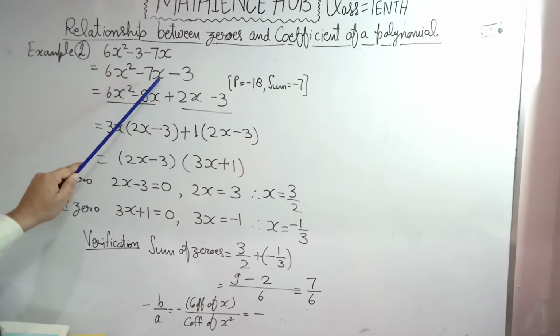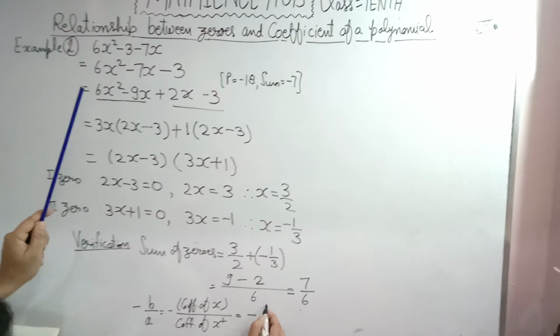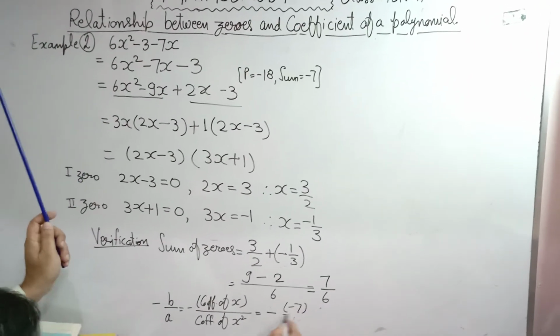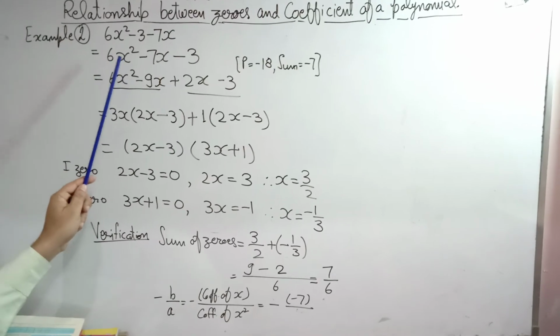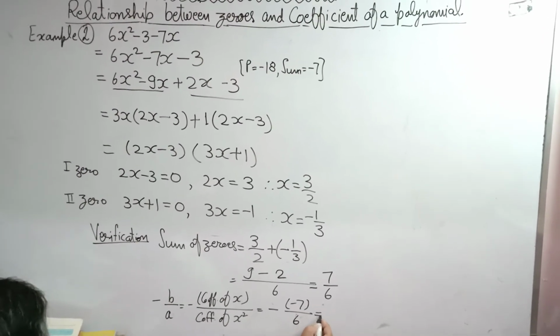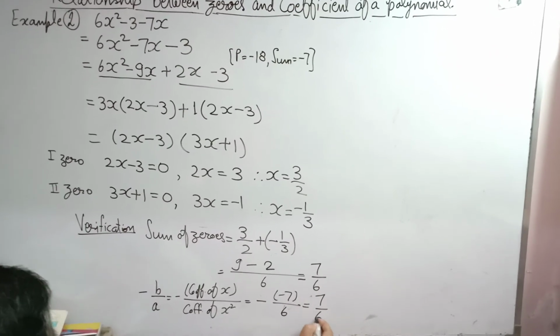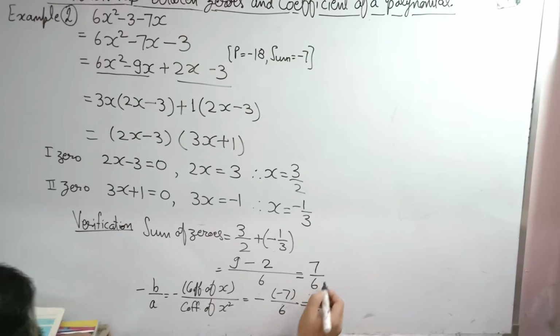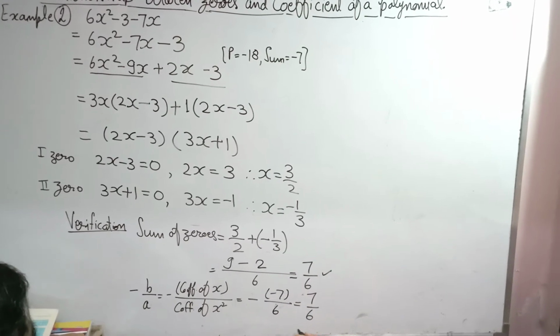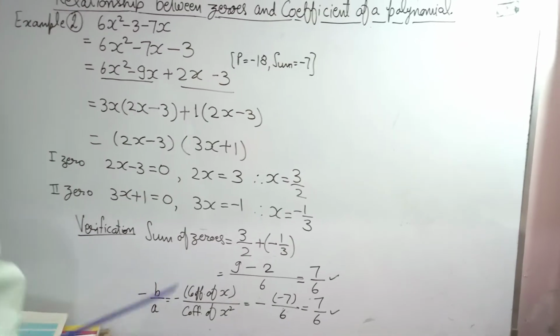You know the coefficient of x in the quadratic polynomial is minus 7 and the coefficient of x square is 6. Minus minus plus, 7 upon 6. So we get 7 upon 6 by sum of zeros and by formula 7 upon 6. Same.